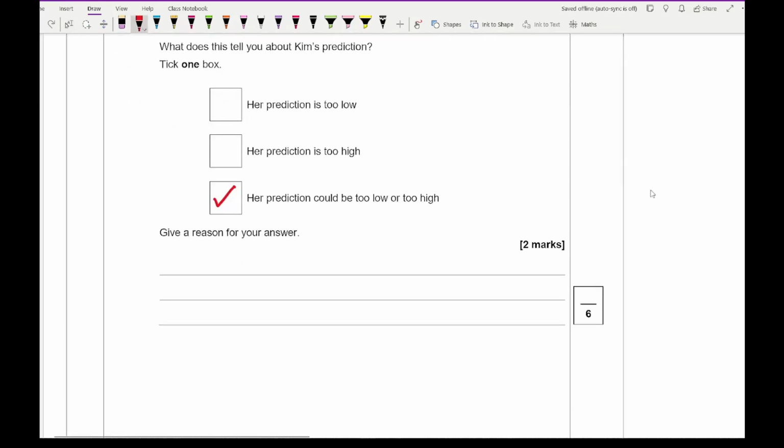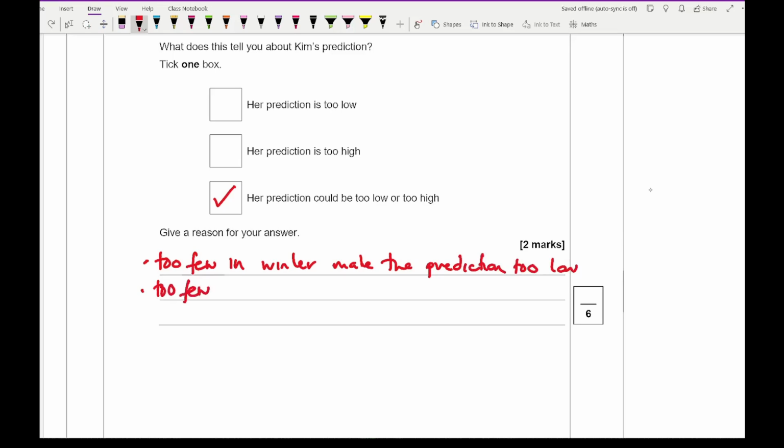And the reason for that is because too few in winter make the prediction too low, and too few at night make the prediction too high. So something along those lines would be absolutely fine.